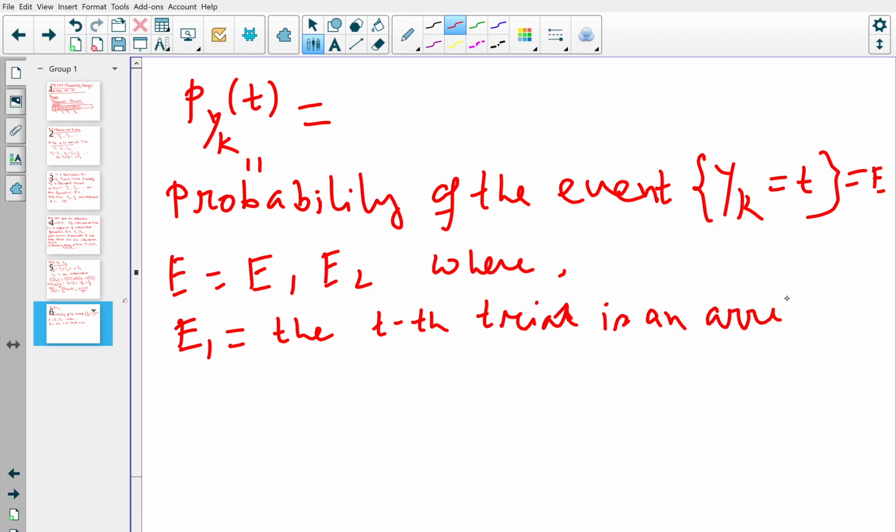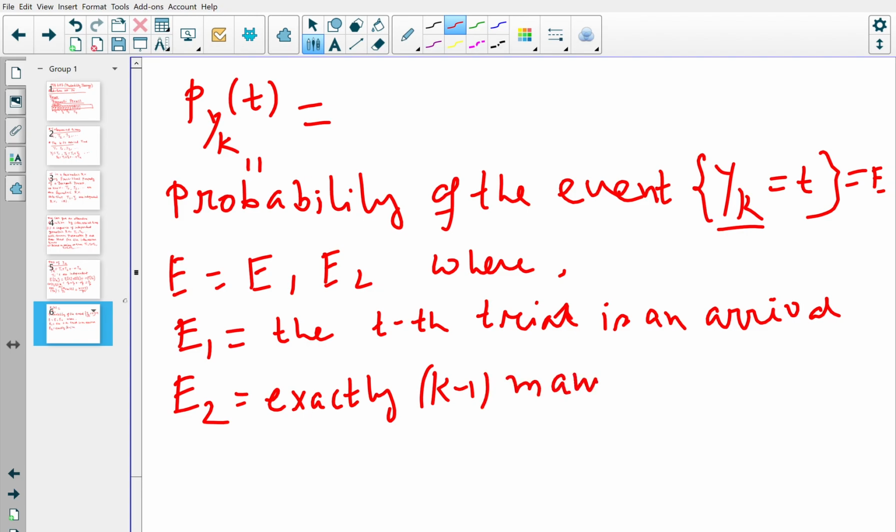And E2 is that before that, you have only t minus 1 trials, and out of those t minus 1 trials you have exactly k minus 1 successes or arrivals. Then the total number of successes will be k.